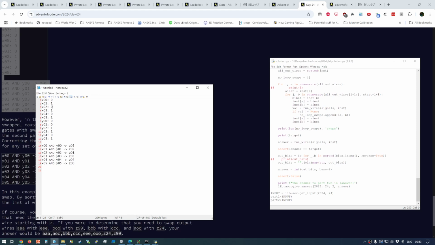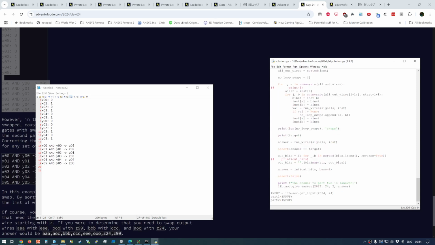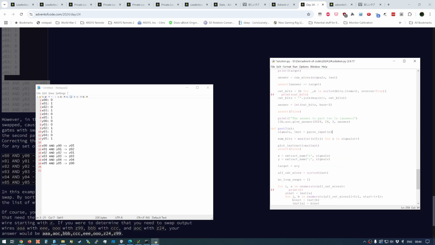Would this be quicker for me to just do by hand? Maybe. So what we're going to do is scrap all this, by which I mean do that.